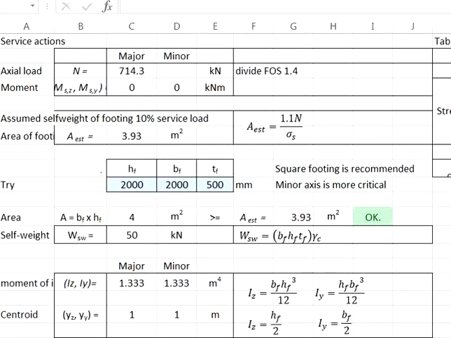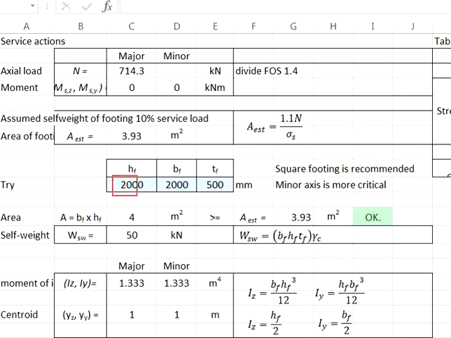Once you have decided the dimensions of the pad footing, you can determine the actual self-weight of the pad footing. This is calculated by multiplying the volume of the pad footing with the unit weight of the concrete.